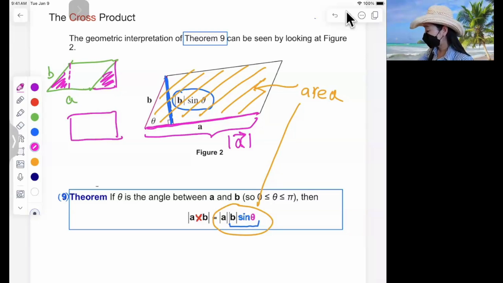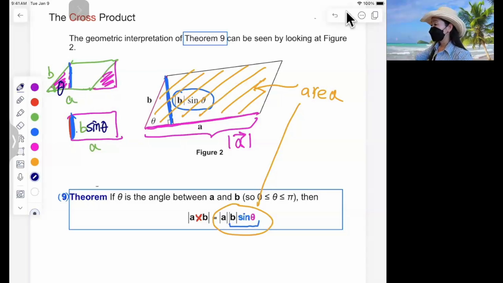It's actually A times this height, which is not B. It's B times the sine of this angle, say theta.